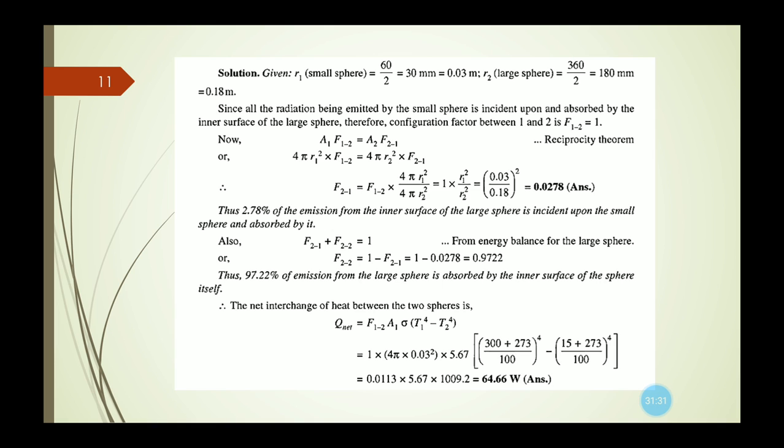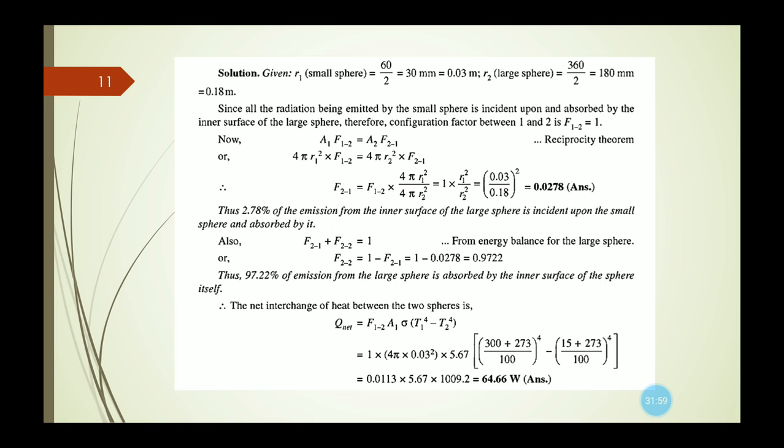To calculate the net interchange of heat between the two spheres, we apply the formula that we have discussed earlier, that is Q net is equal to F12 A1 sigma times the difference of the temperatures to the power 4. This F12 is 1 from the concept. Then the area is 4 pi R1 squared, where R1 is given as 0.03 meter.